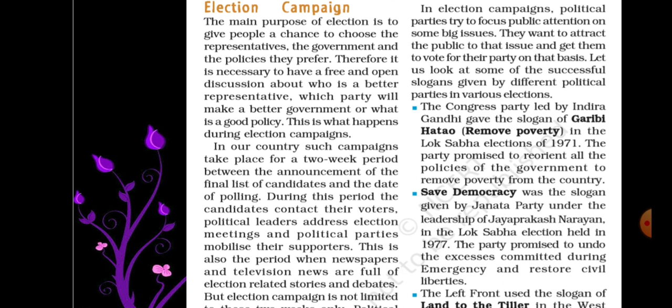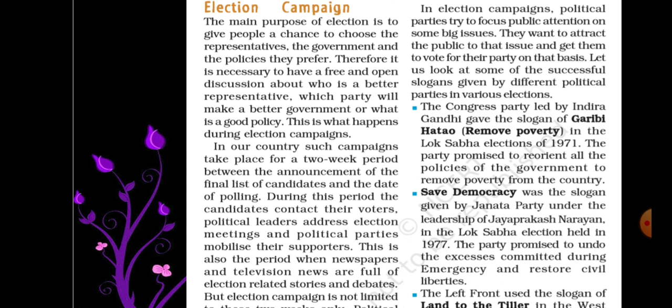It is also wrong to use government resources for election campaigns, and to spend more than 25 lakh in a constituency for a Lok Sabha election, or 10 lakh in a constituency in an assembly election.